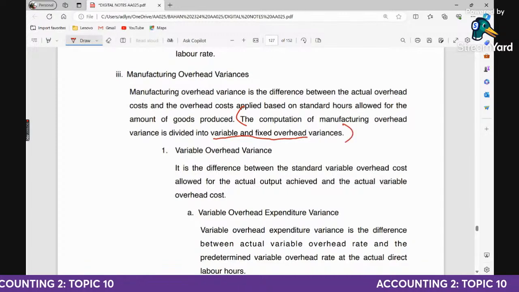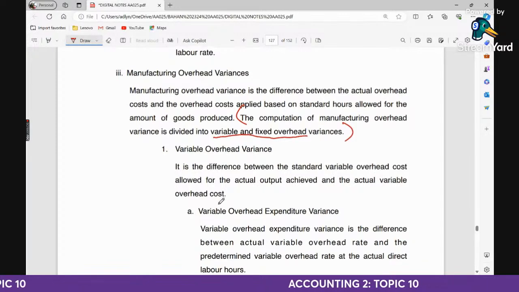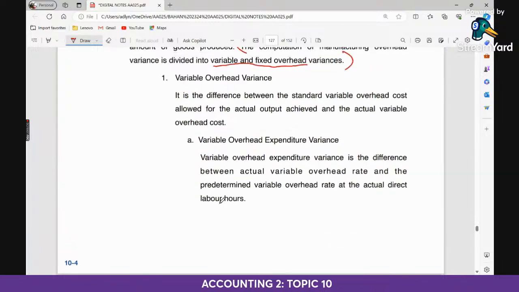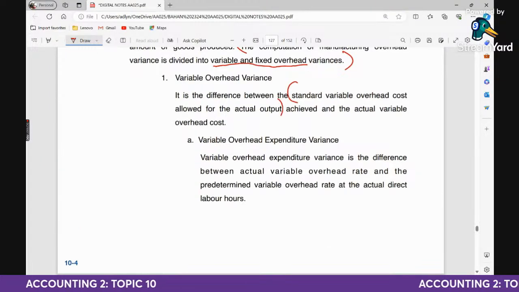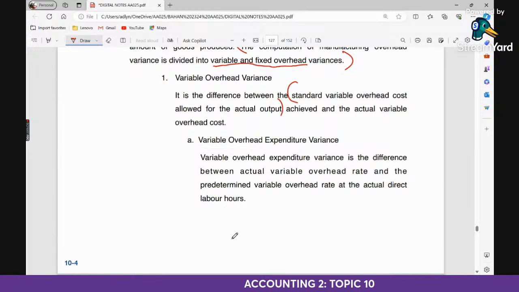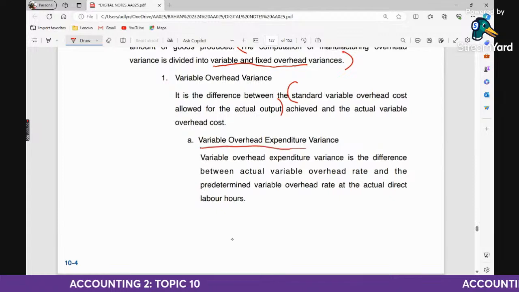Okay, so untuk variable overhead variance ialah di mana you melihat perbezaan di antara standard variable overhead dengan actual output.